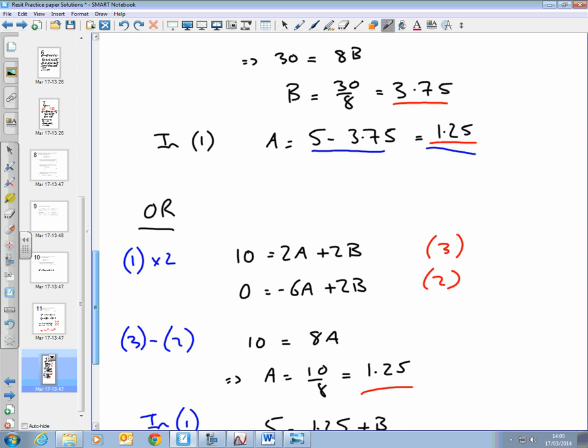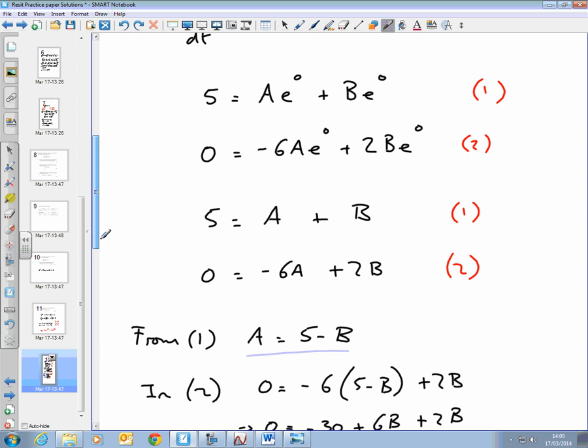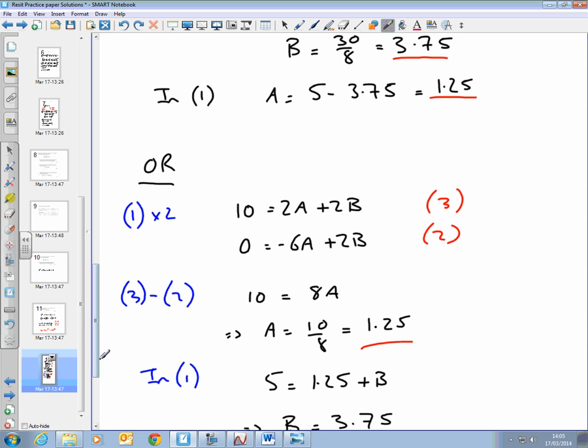Or I could, going back to my original equations, times this equation by 2, so I've got 2B in both equations. Multiply equation 1 by 2 to get this, rewritten equation number 2, where now B's are the same. So I've subtracted equation 2 from equation 3.